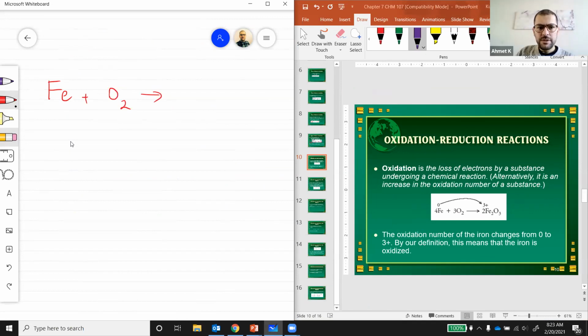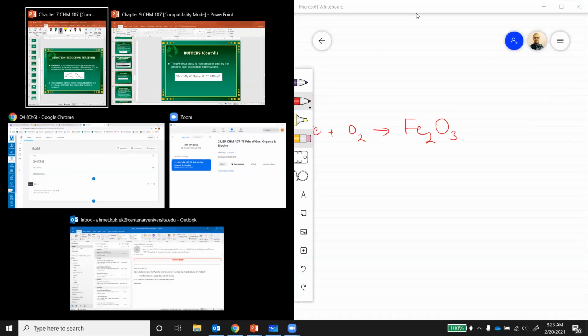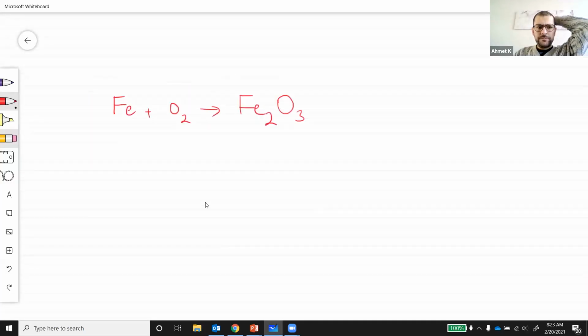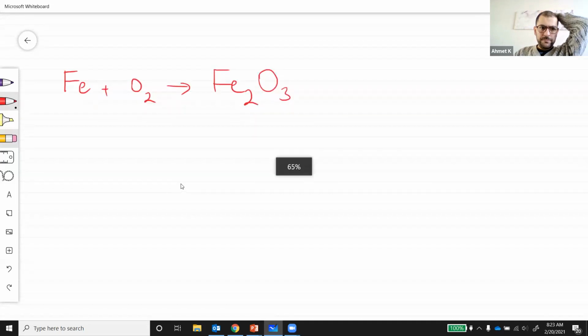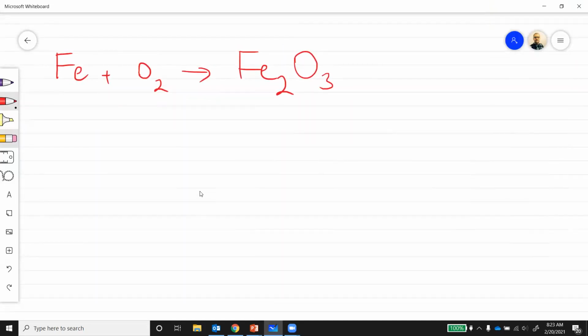I think that's a good exercise. Fe2O3, right? Okay. All right, so here is our reaction. Everybody can see it, right? Yes. All right, and it's not balanced, right? Let's try to balance it.